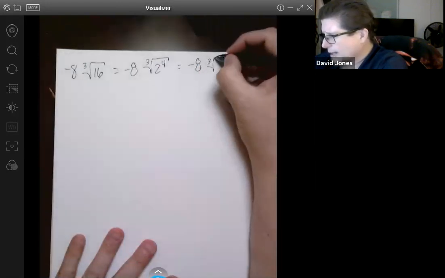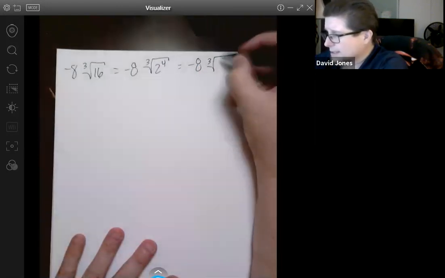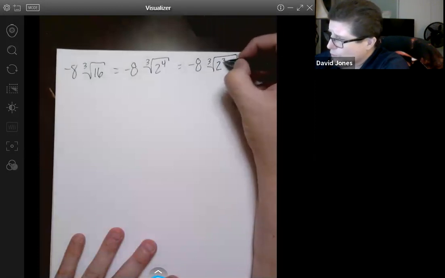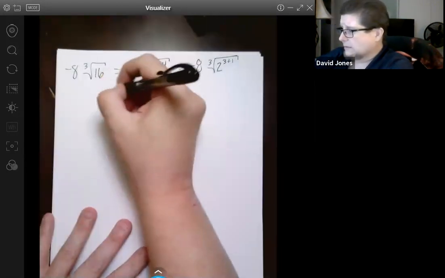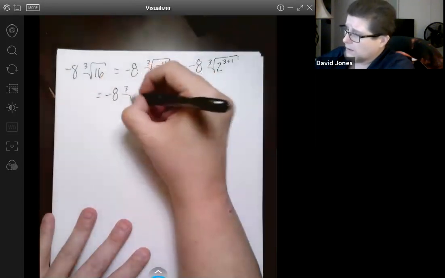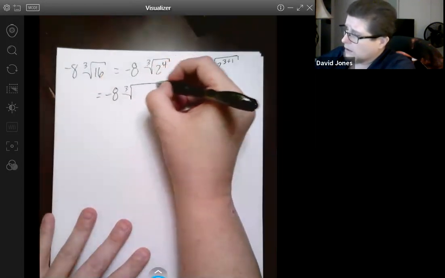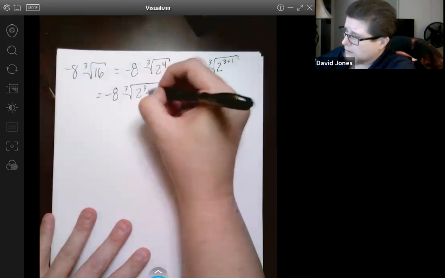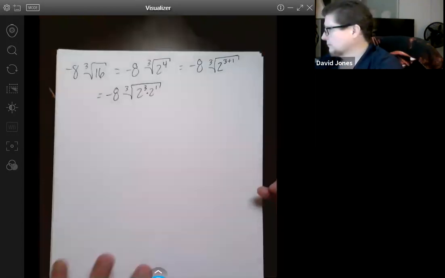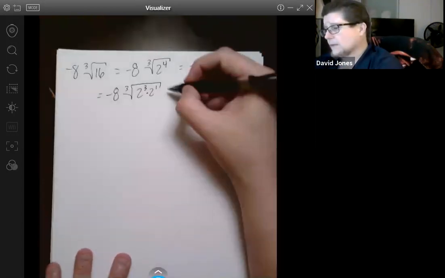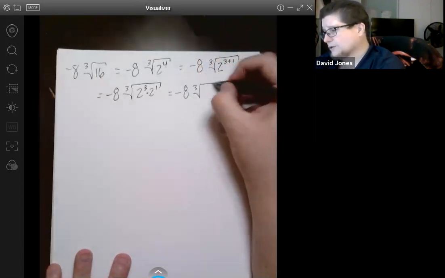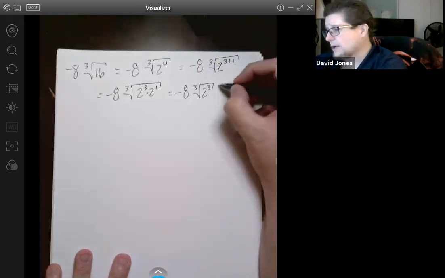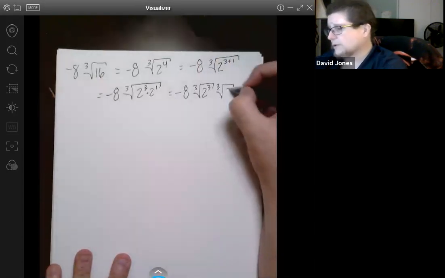I want to break it up into index size pieces, 3 plus 1. And pull out, separate those two, cube root of 2 cubed times cube root of 2.